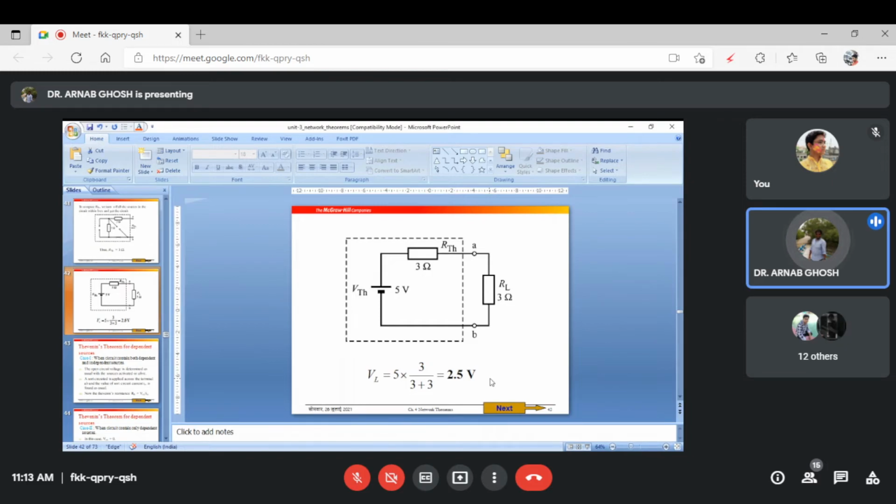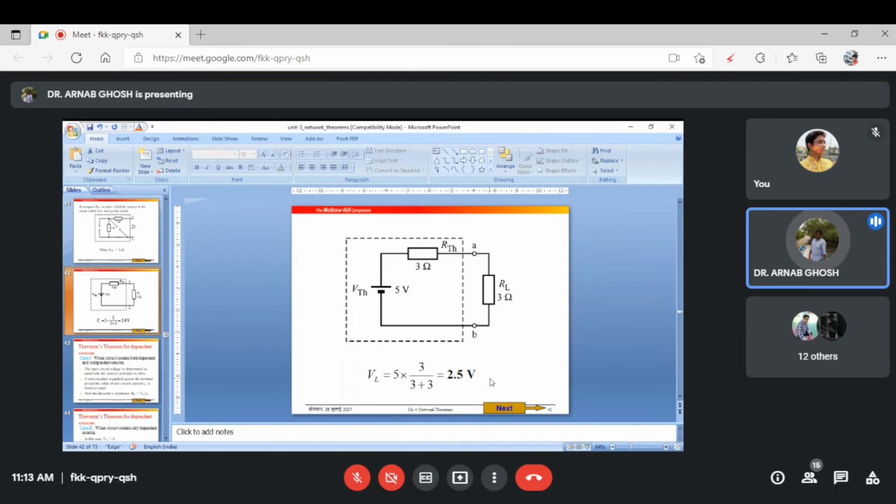So first we are doing source transformation. This is the first criteria of Thevenin's theorem. We have to make all the sources of similar type. So if you have a voltage source and a current source, both existing in a circuit, we first need to convert them and make them a single type of source. If it's a voltage source, all must be voltage sources.